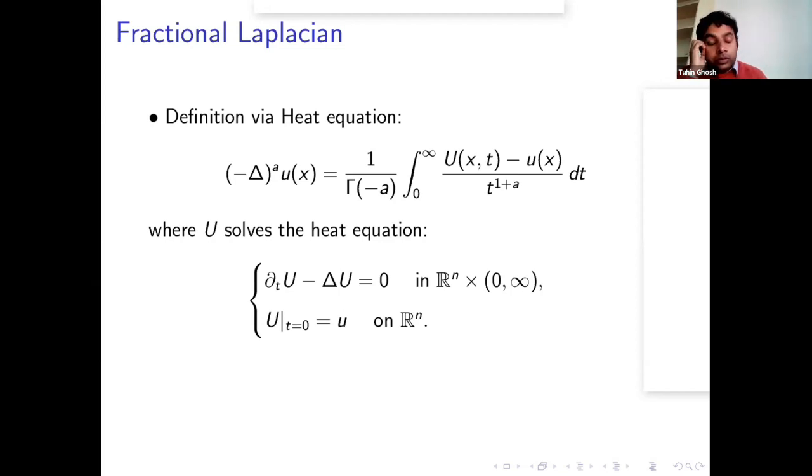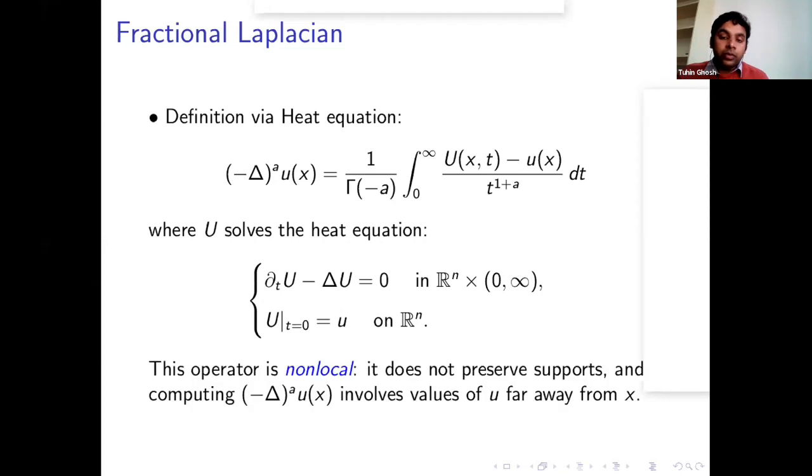So the point is that it is non-local and it doesn't preserve the support. As I was telling you, to calculate at one single point x, you need to know about u far away from x. You can also see it from here, that you need the integral over t just to compute the fractional Laplacian.